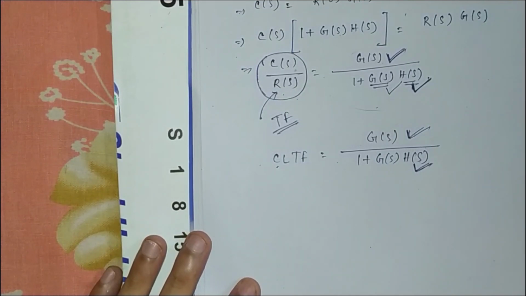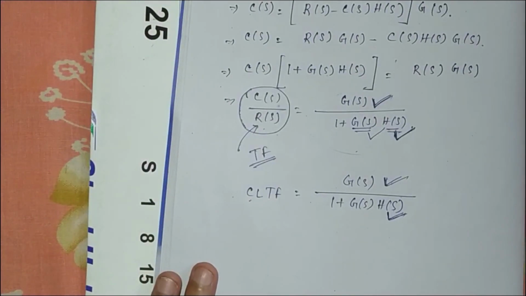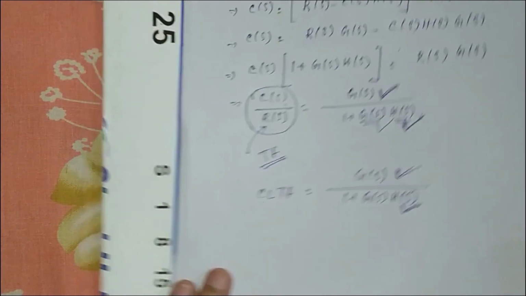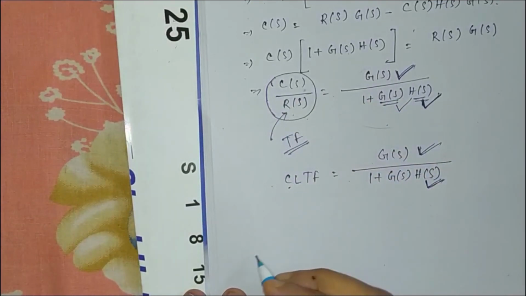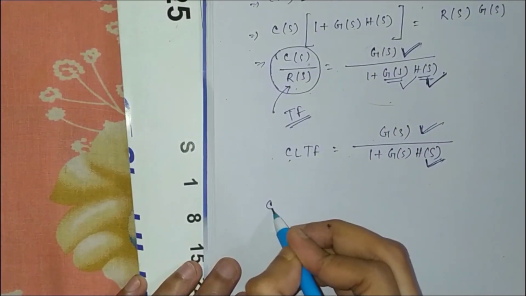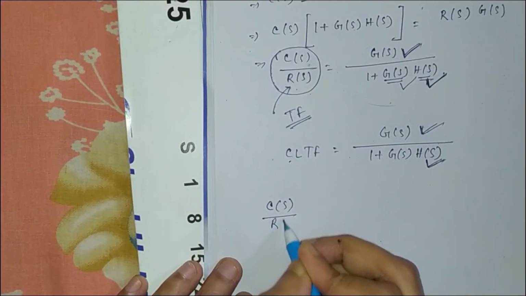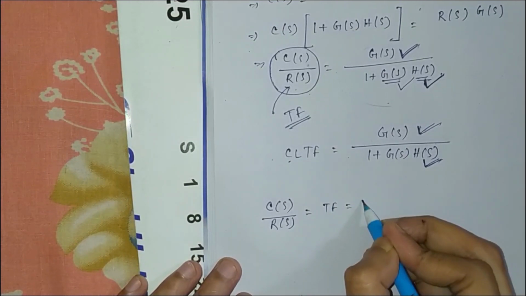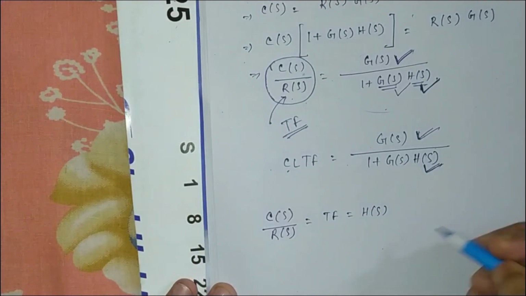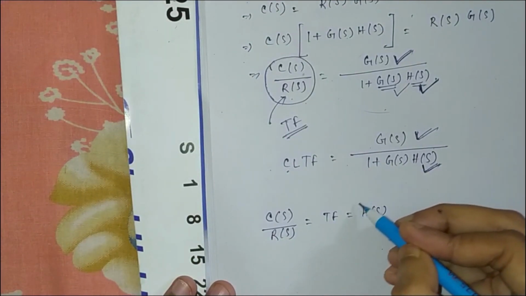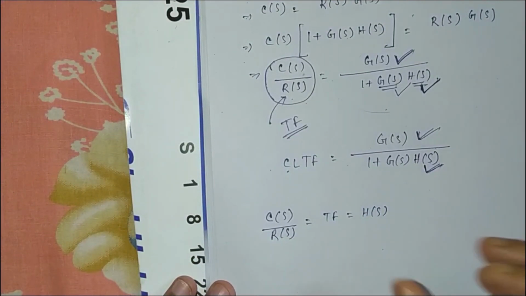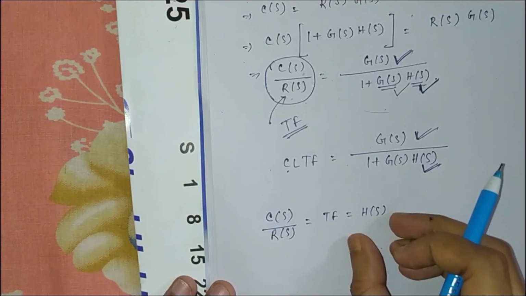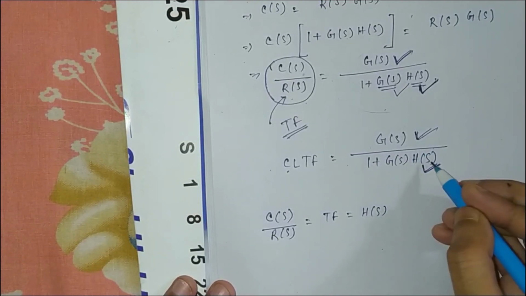Now this is my transfer function, C of s by R of s. I can denote this transfer function as H of s. Don't think that this H of s is the feedback path gain.